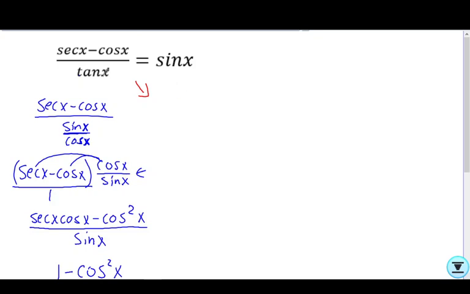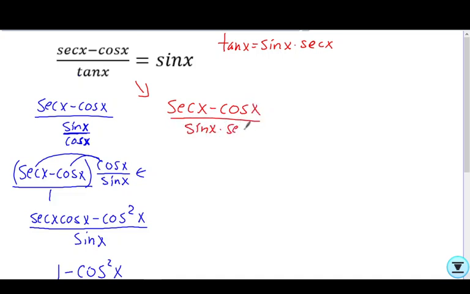tangent. If you have a formula chart, tangent is sine x times secant x, because sine divided by cosine is the same thing as multiplying by the reciprocal of cosine, which is secant. So you could have changed that to this: secant x minus cosine x over sine x times secant x.